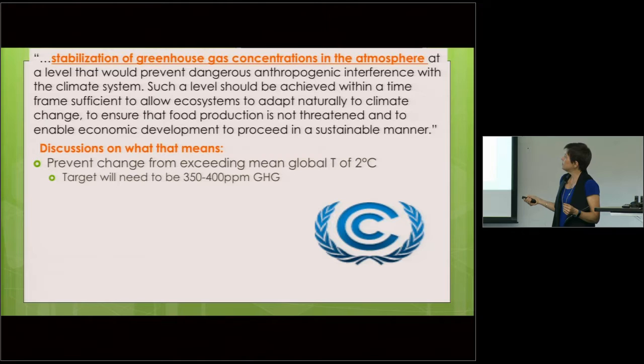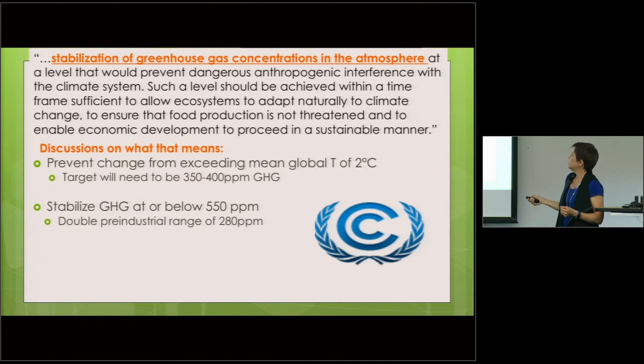One is to prevent change from exceeding a 2-degree temperature change, and the target would be under 400 parts per million greenhouse gases. Oops, I think we already got that right. The next one is to stabilize greenhouse gases at about double what it was pre-industrial, so about 500 to 550 parts per million.